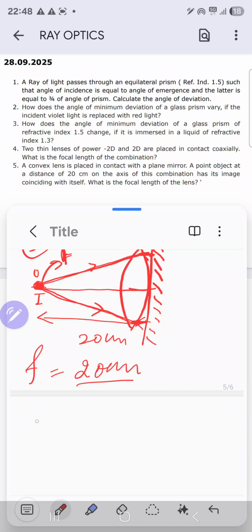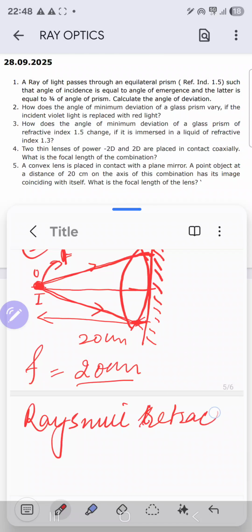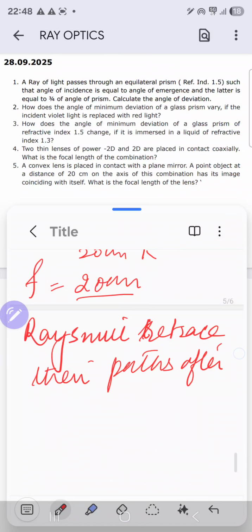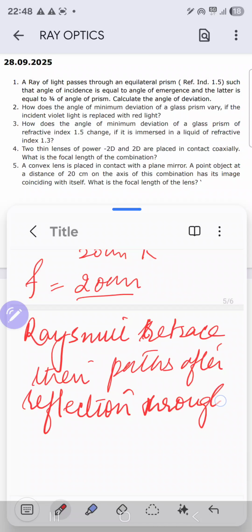Here we have used the concept that rays will retrace their paths after reflection through a plane mirror.